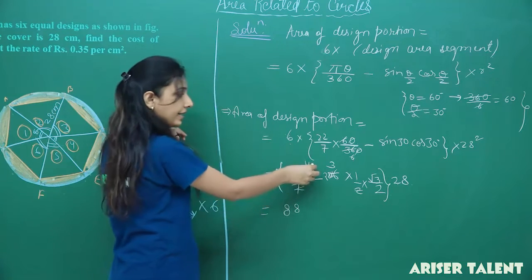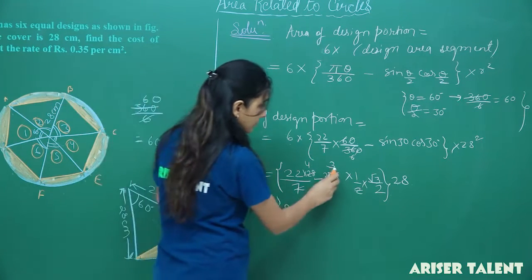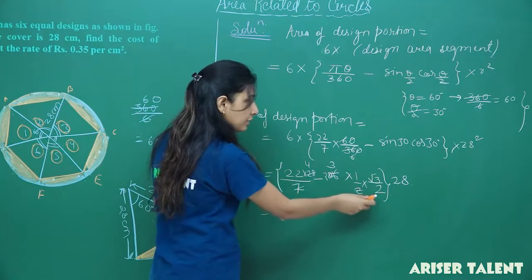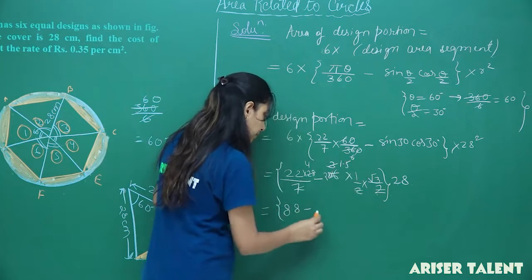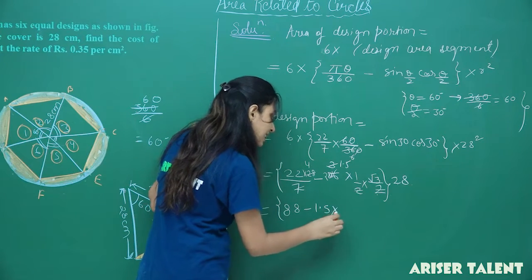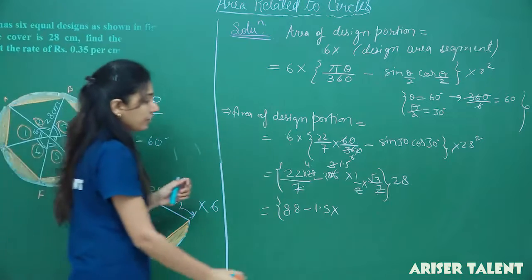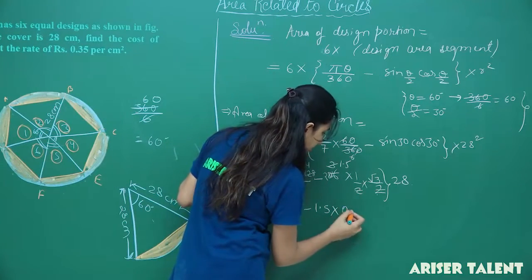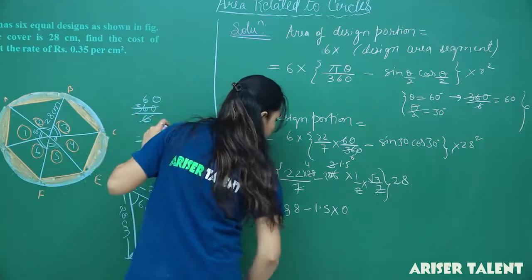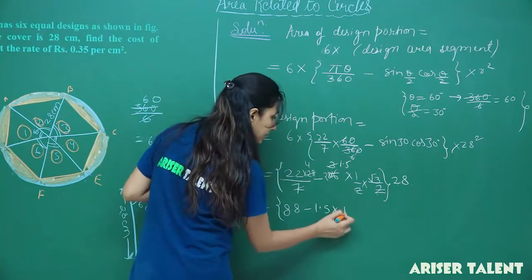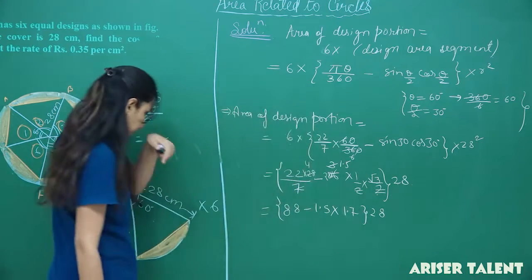So, this will be 88, okay, minus 3 divided by 2 is what? 1.5. So, 1.5 multiply by root 3. Now, what is root 3? Sorry, root 3 is 1.7, okay. So, that is 1.7. Now, this whole multiply by 28.